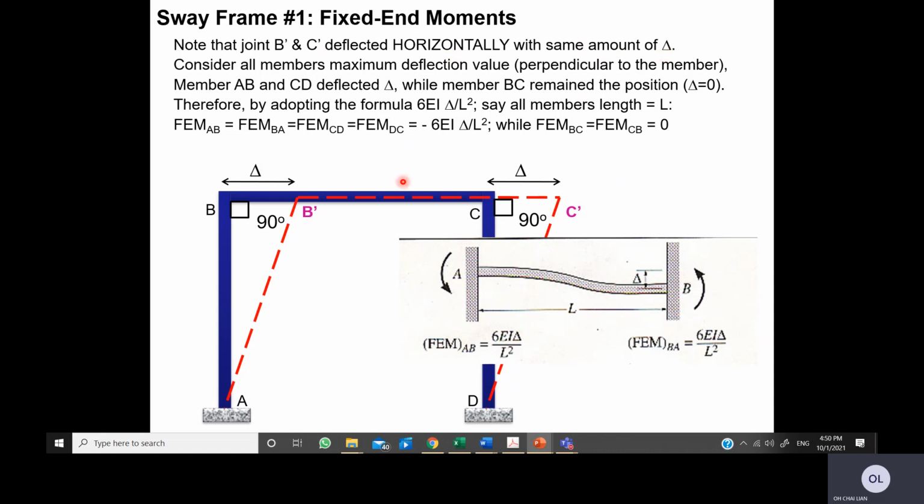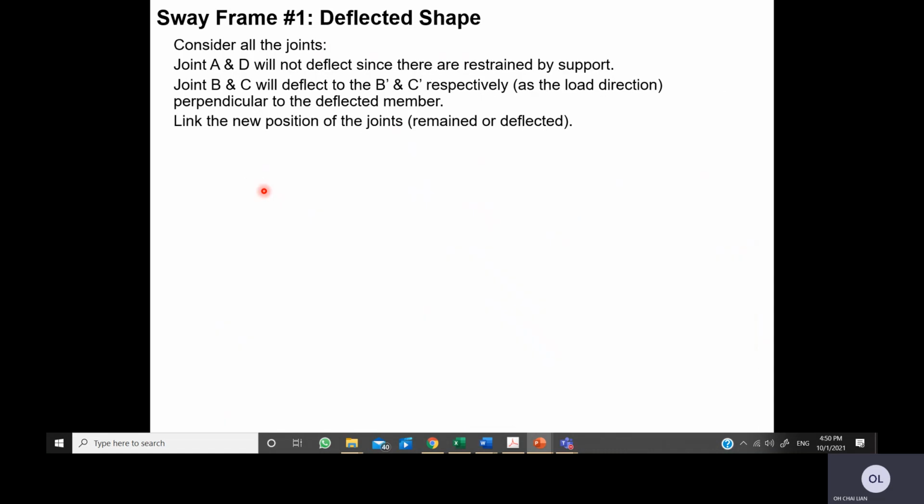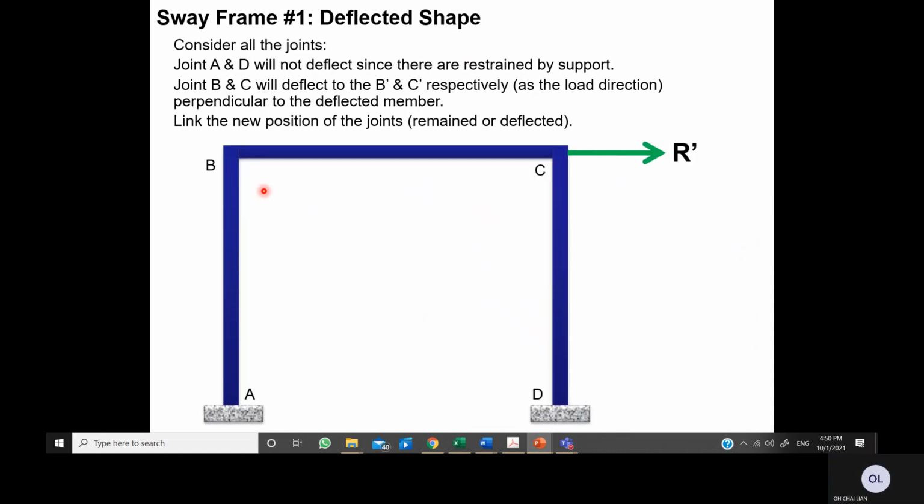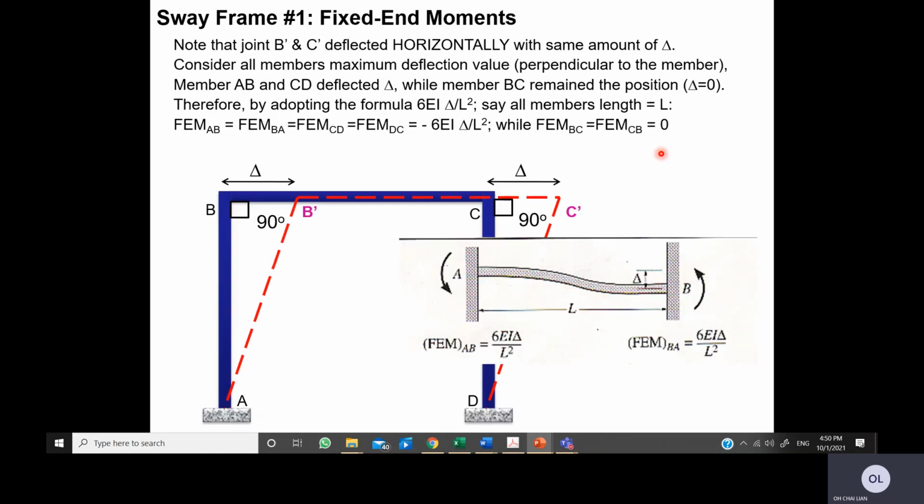There is one very important assumption: when the loading R prime is applied, the distance B moves to B prime and C moves to C prime must be the same.